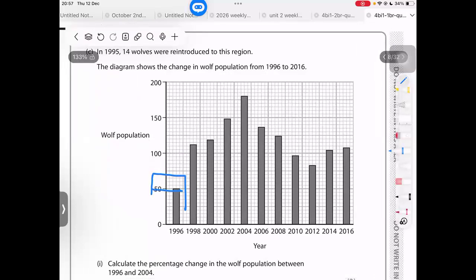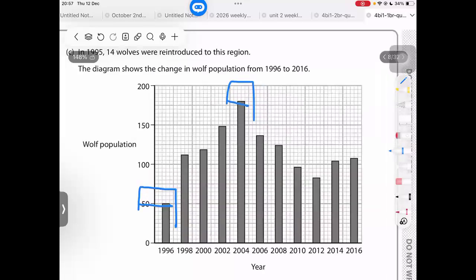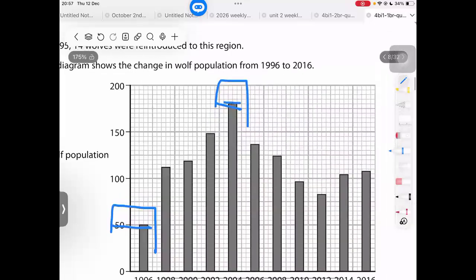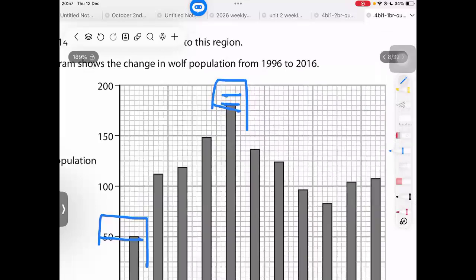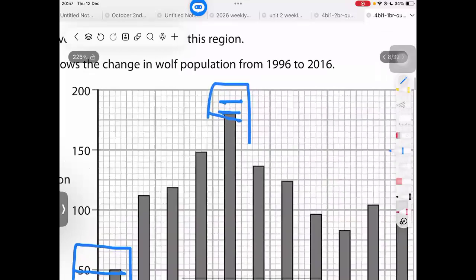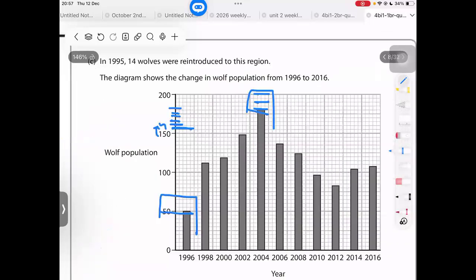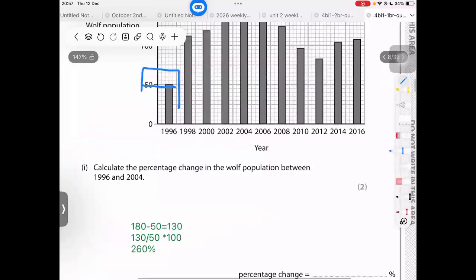In 2004, the wolf population is around 180, because this is 180, this is 190, this is 200. Every single unit here is an increase of 5: 150, 155, 160, 165, 170, 175, 180. So therefore, it will be 180.